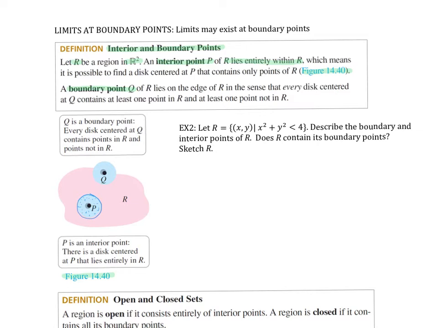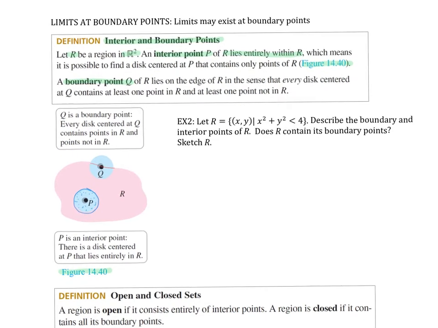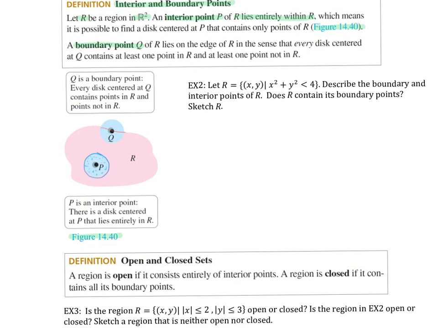However, if we're talking about a boundary point, and here if you look at the point Q, imagine this region R continuing through. So a boundary point Q lies on the edge of our region R. What that means is that every single disk that I can draw around Q, where Q is the center, is going to contain at least one point inside R and at least one point outside of R. And I can make that disk as small as I want.